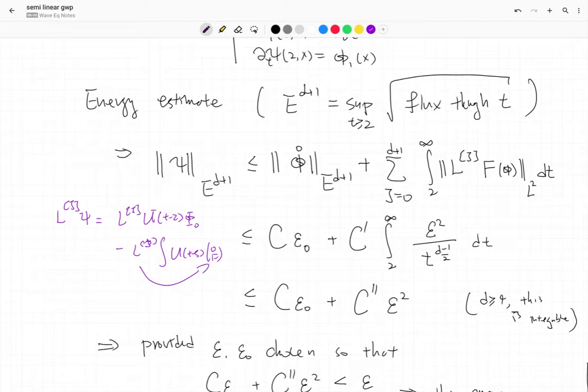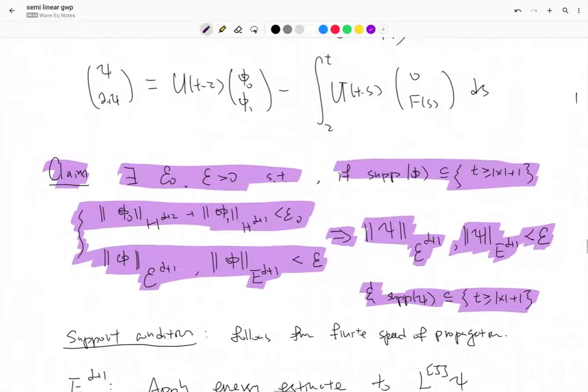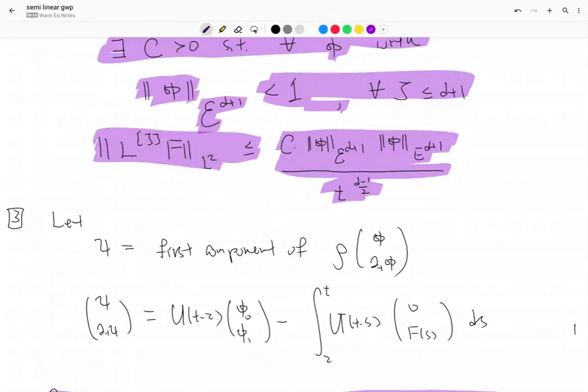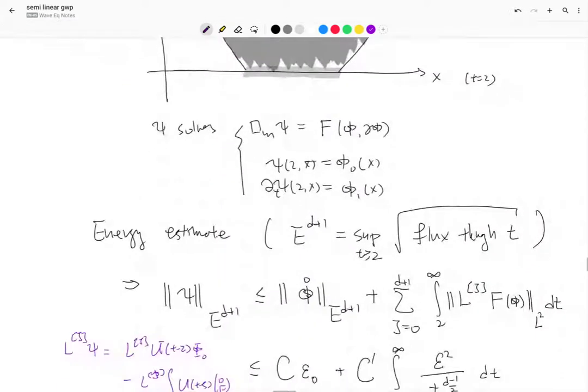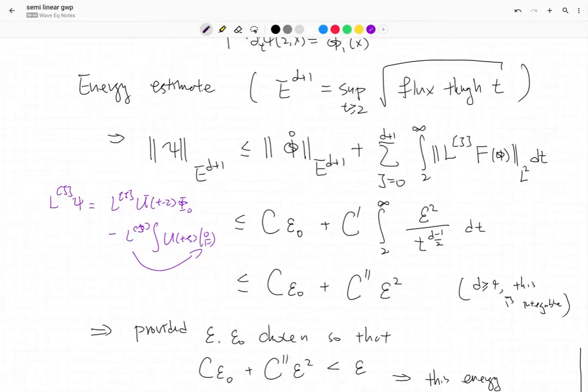Based on what we had before, we know that Lj of F is going to be bounded by epsilon squared. If both of these inputs, the curly E and the regular E norms, are less than epsilon, we get C times epsilon squared divided by t to the power (d minus 1) over 2. The homogeneous term contributes C times epsilon naught.